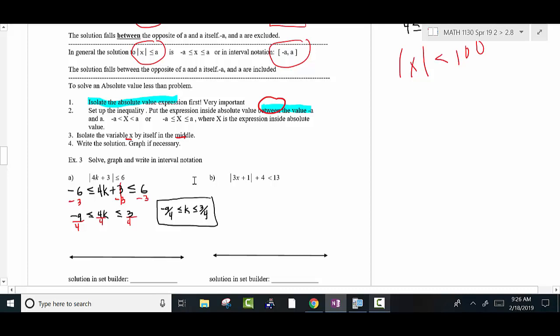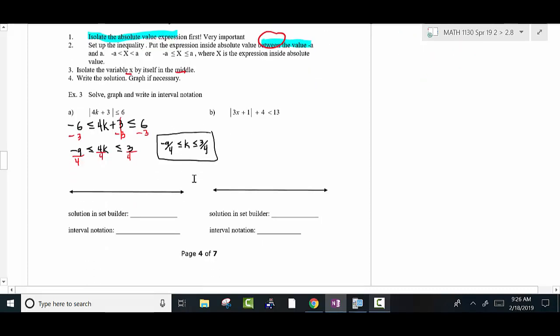Okay? And what you'd want to do is graph it, and then typically we're going to do set builder notation and interval notation to put these things together. And generally on a graph, what I want to see is just 0 and estimate where these numbers are. So, 3/4 is between 0 and 1. -9/4 is -2.25 or -2 1/4.